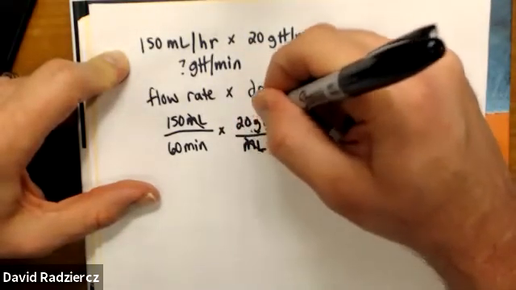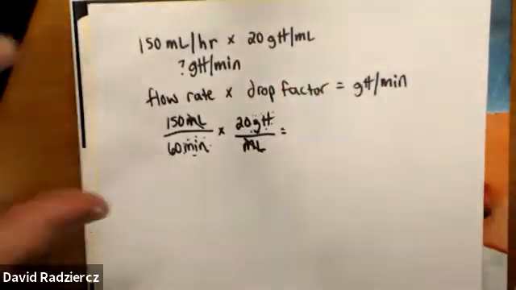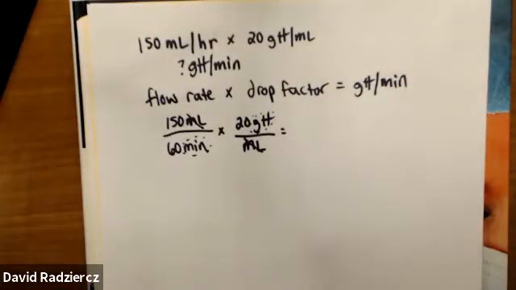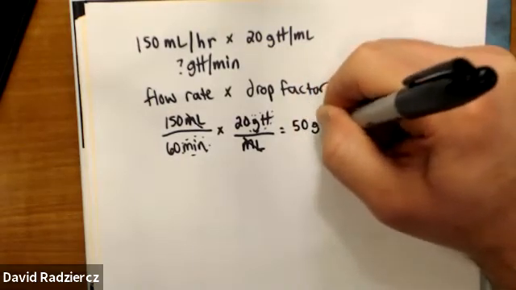We're left with drops, and we're left with minutes. And so when we do this, we do 150 times 20. Helps if I leave my calculator on. So 150 times 20 is 3,000 divided by 60. And you'd get an answer of 50 drops per minute.